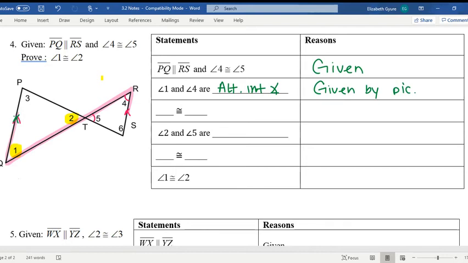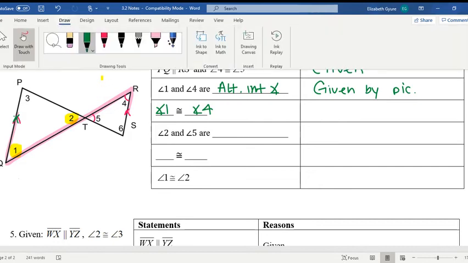And if we have parallel lines, then what can we say about our alternate interior angles? Well, it gives you a hint here. It's saying, hey, say two things are congruent. So if you just said 1 and 4 are alternate interior angles, which two things do you think it wants you to say are congruent? Angle 1 and 4. So angle 1 is congruent to angle 4.